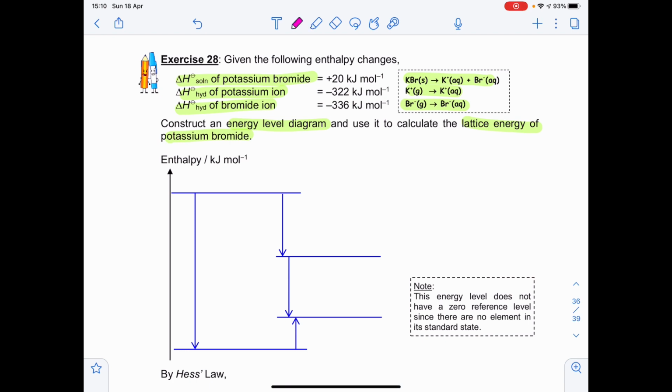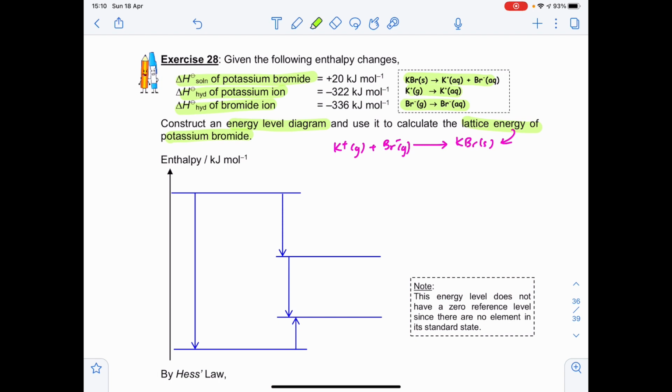The equation to represent lattice energy is to form 1 mole of potassium bromide from the gaseous ions. So it's on K+ and Br- gaseous ions. So this is the equation for lattice energy of potassium bromide.